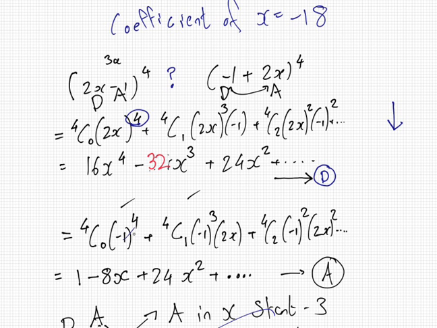Now, what's the power of x here? 0. There's no x. So the x power ascends. So whether it's ascending or descending depends on the location of the x, and it depends which one you take first when you expand.